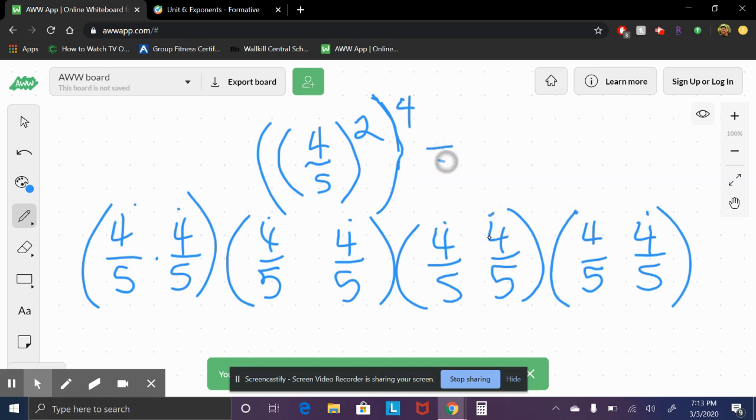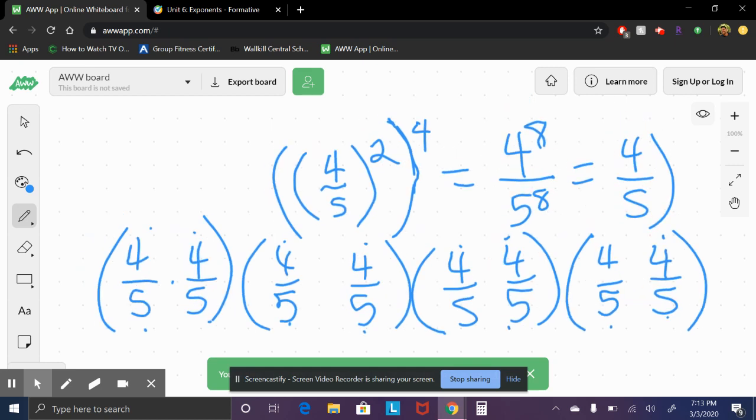So 4 to the 8th over 5, also 1, 2, 3, 4, 5, 6, 7, 8, over 5 to the 8th. Or you could write it like this: 4 fifths to the 8th power.